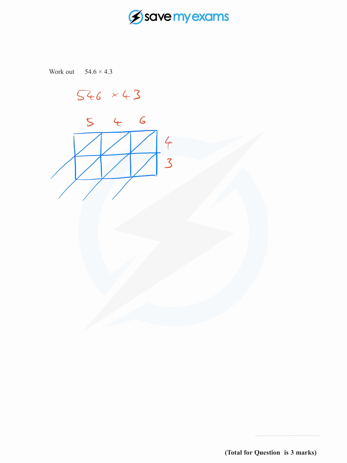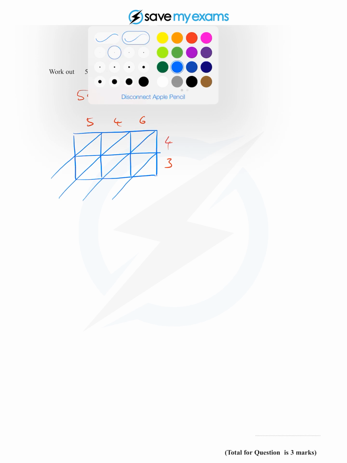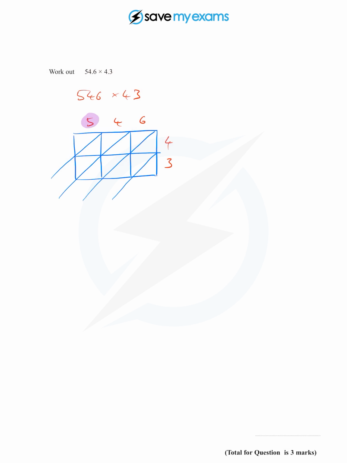Now, how does this lattice multiplication work? Well, what we do is we take each thing in turn, so 5 times 4, for example, and you'll notice that the square, which we write the answer to 5 times 4 in, has 2 bits to it. And 5 times 4 has 2 numbers, 2, 0, 20, and we write each number in one of the bits in order like that.